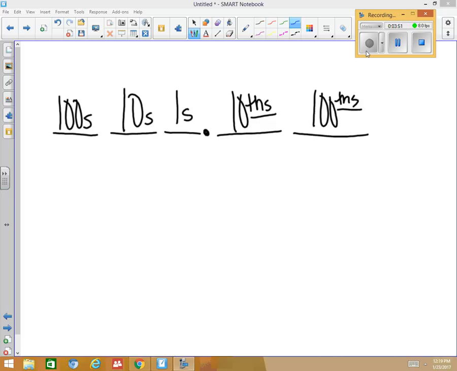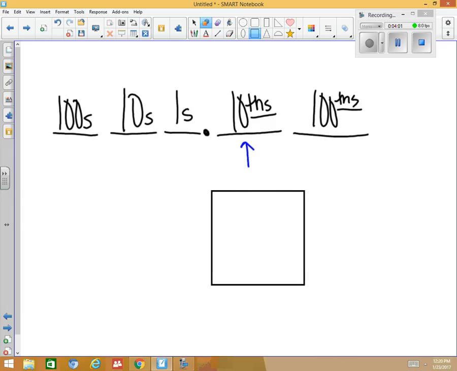So here, if you look at what they gave you on number 1, they want you to do 0.3. Well, they gave you this square, didn't they?